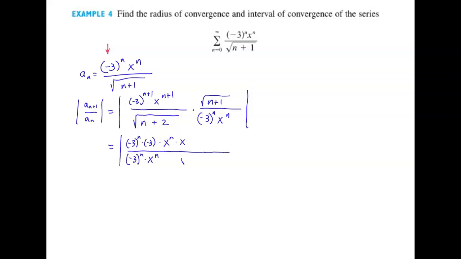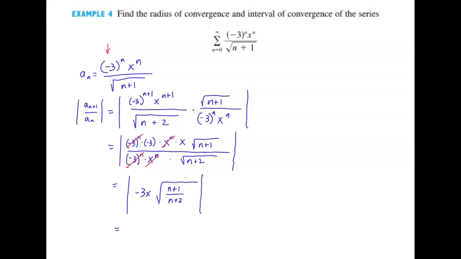And then I still have that root n plus 2 down here, and I have the root n plus 1 up here. All right, so what can we get rid of here? We can get rid of the negative 3's to the n. We can get rid of x to the n. And so what we end up with is absolute value negative 3x. And I can write that all under one square root, root n plus 1 over n plus 2, right?